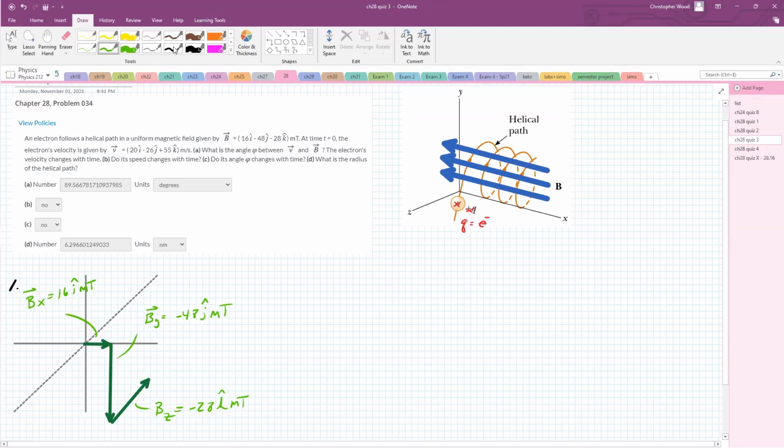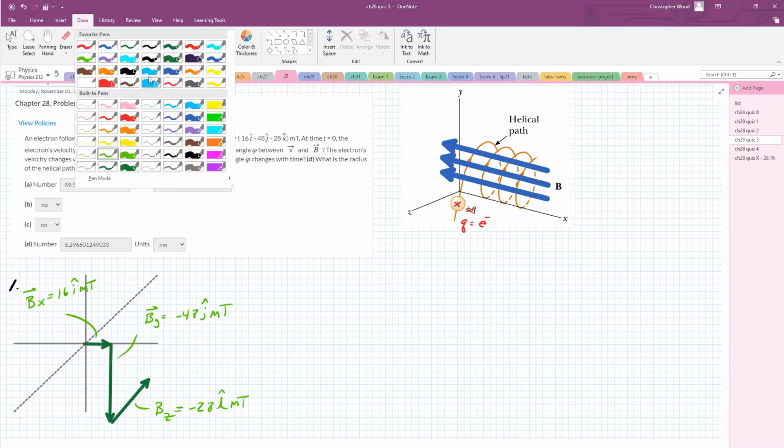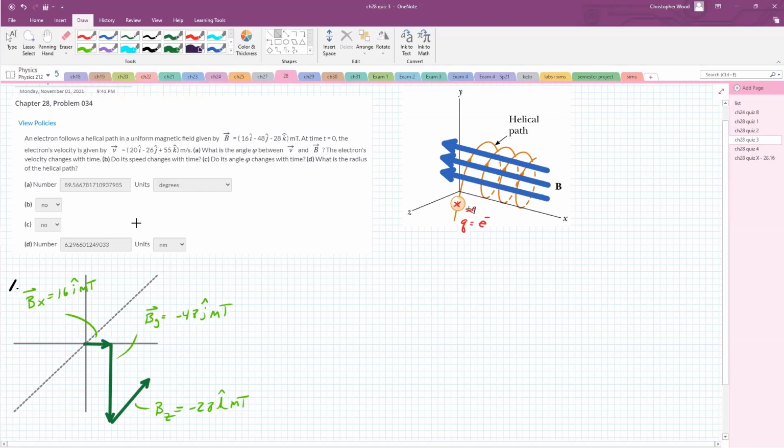So if I wanted to know what my overall magnetic field looks like, it's first tail to last head. It would look exactly like this, from the first tail to the last head. Let me get a different color. First tail to last head.